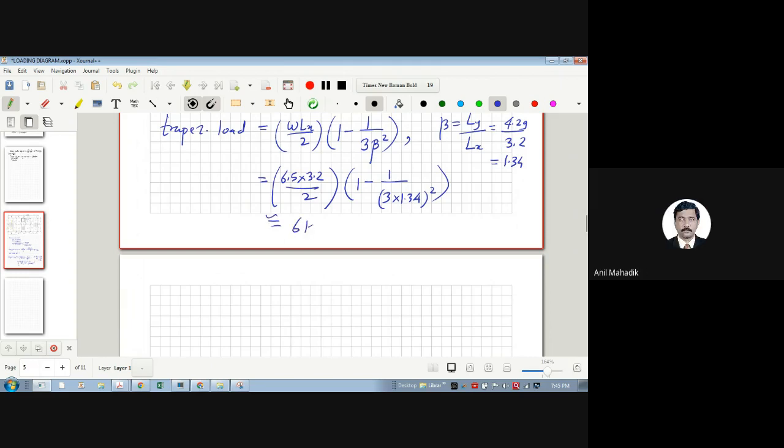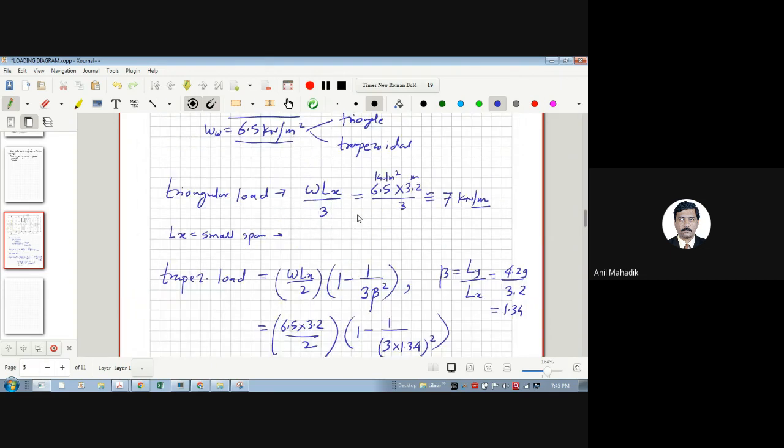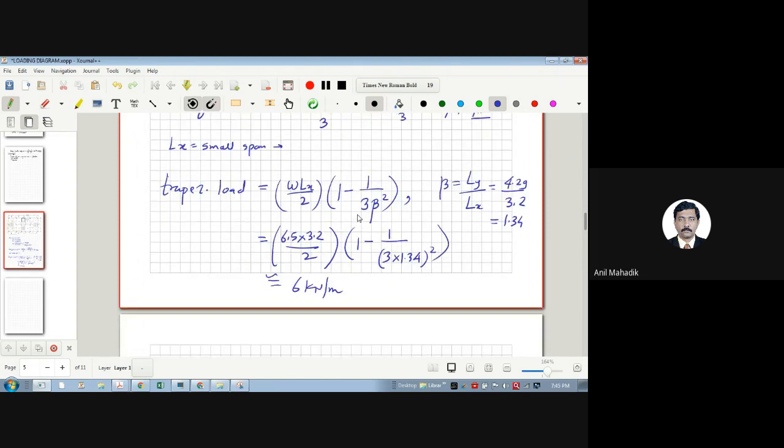Let's say 6 kilonewton per meter. Is it coming to 5.7 only? It is coming to 8.4.